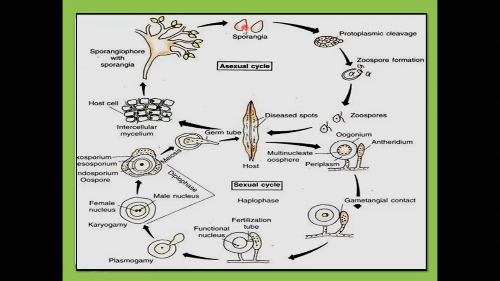This is the papillate form of the sporangia. The sporangia again germinate under favorable conditions to produce zoospores. The zoospore is a biflagellate type of spore, meaning two flagella are present, and it is always kidney shaped. These zoospores directly infect the healthy leaf, so the healthy leaf becomes infected.